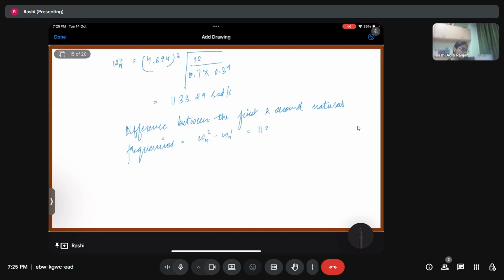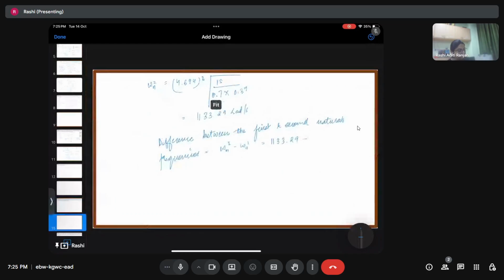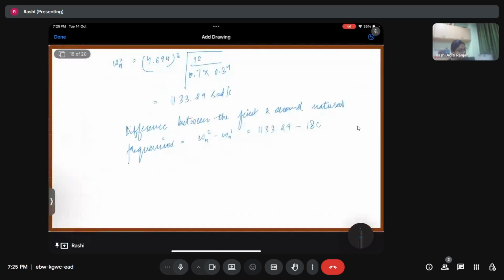This is nothing but 1133.29 minus 180.82, which will be 952.46 radians per second. So this is the answer to the problem. I hope this is clear.